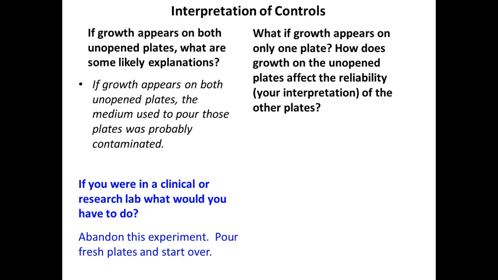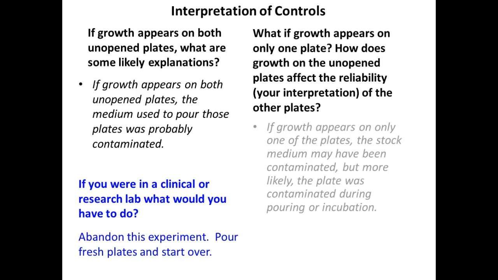I taped it shut right away so it didn't accidentally get opened, right? So we took special precautions. So one of the things that could have gone wrong is maybe one of them could have gotten opened before I taped it shut, or when the person was pouring the media, or even during incubation. But again, one of the ways I avoided that was by taping it shut.